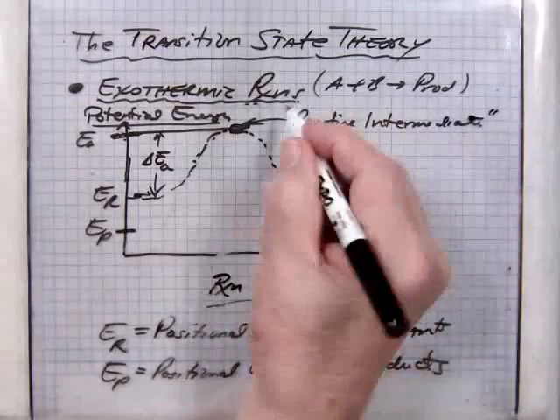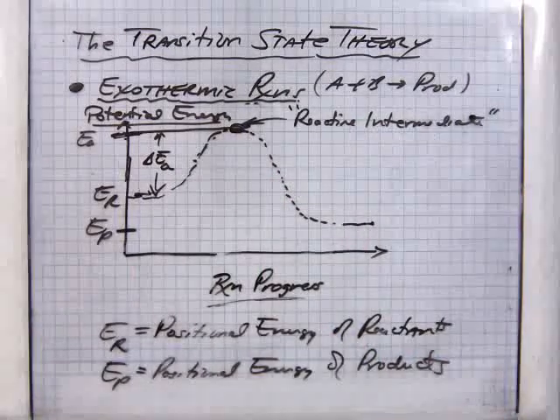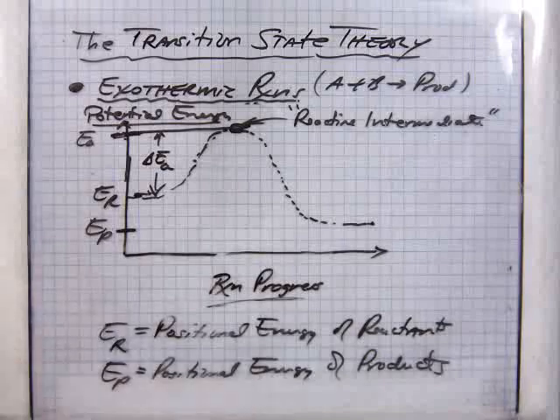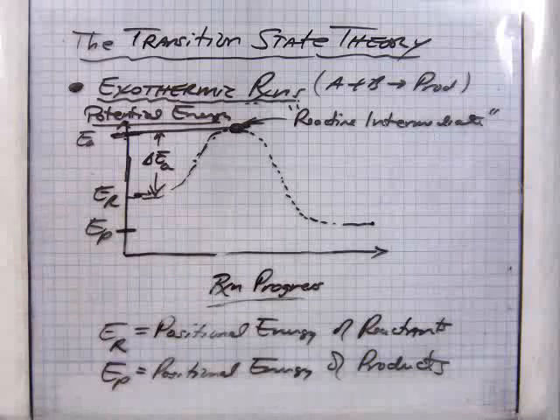You can learn about that in organic chemistry. It is a short-lived structure that decomposes either to products or goes back down the hill to the reactant side, and of course everybody wants products, so you do things to push it to the product side.